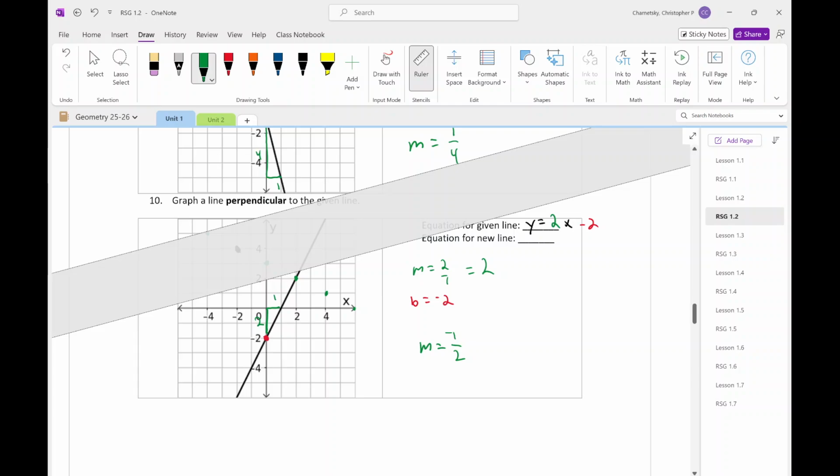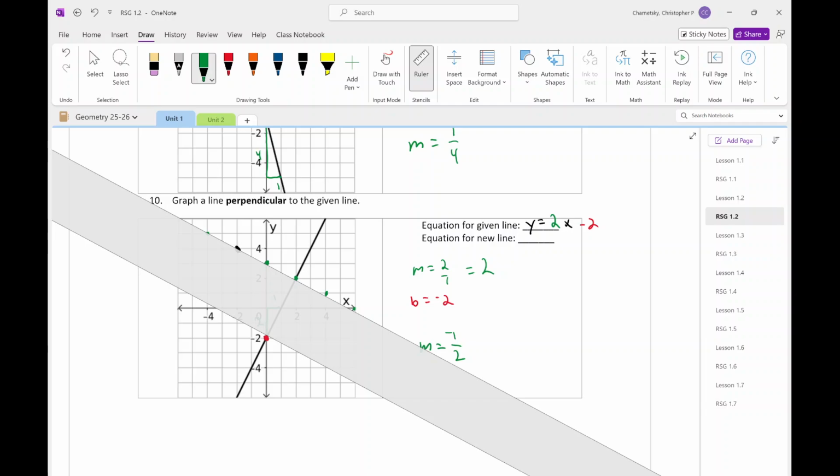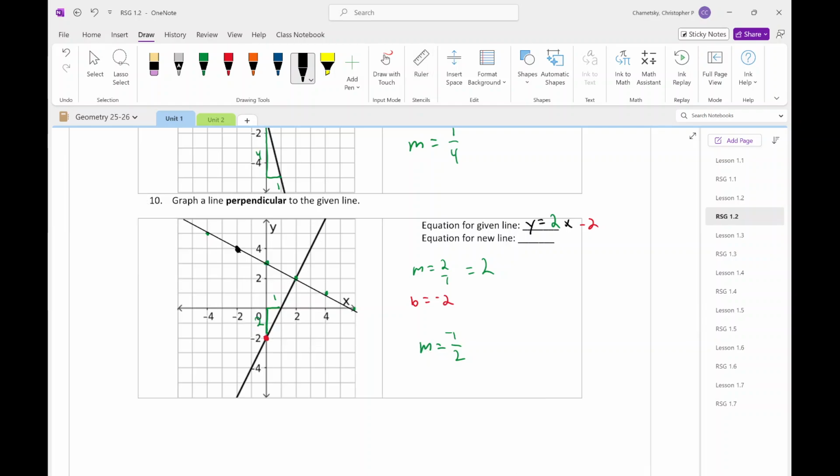We can take our straight edge and graph our line. Okay. So y equals negative 1/2 x. And then our y-intercept right there is 3. Okay.